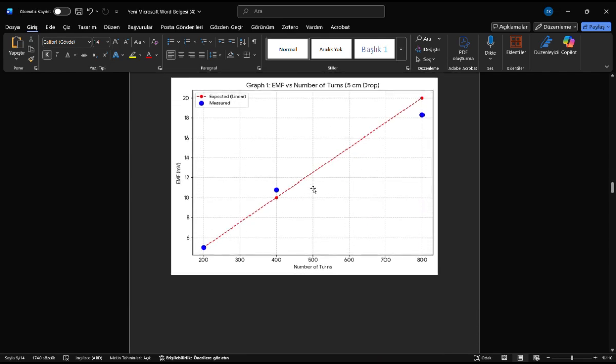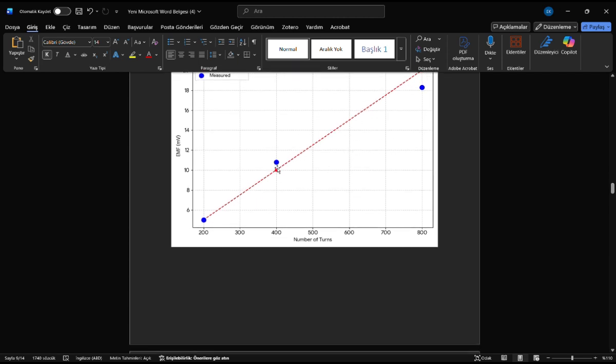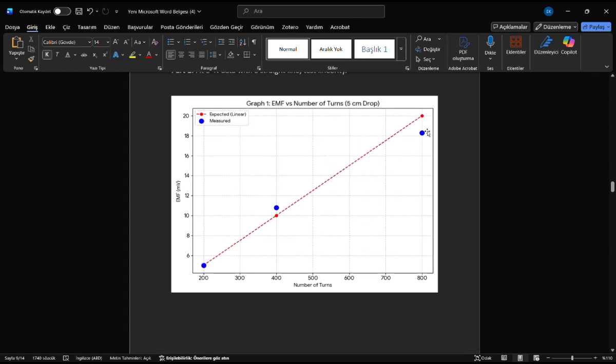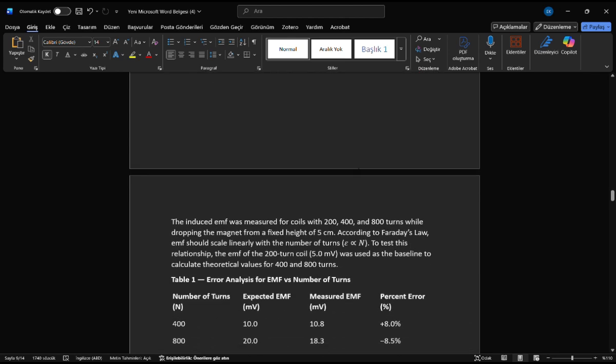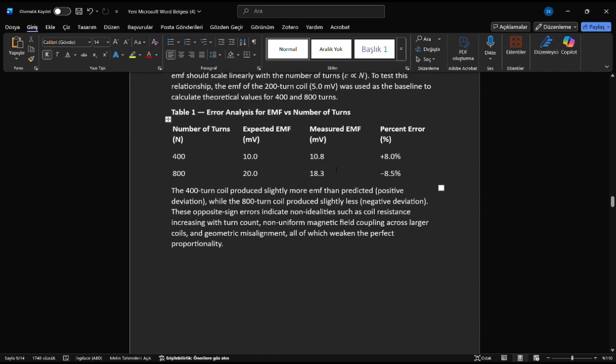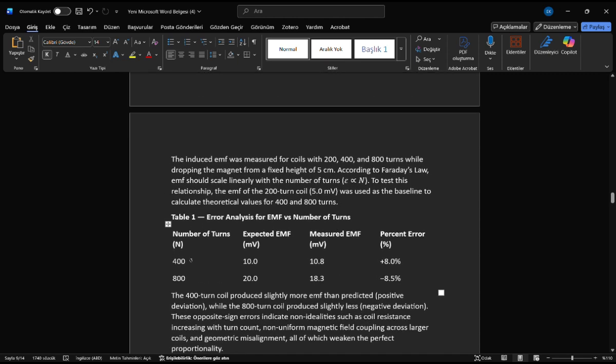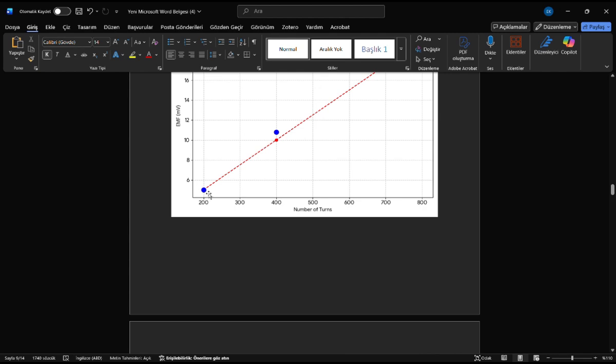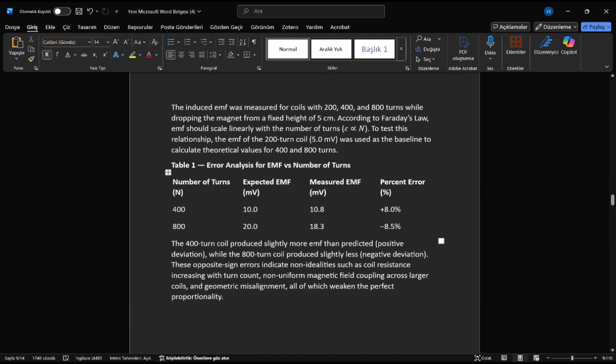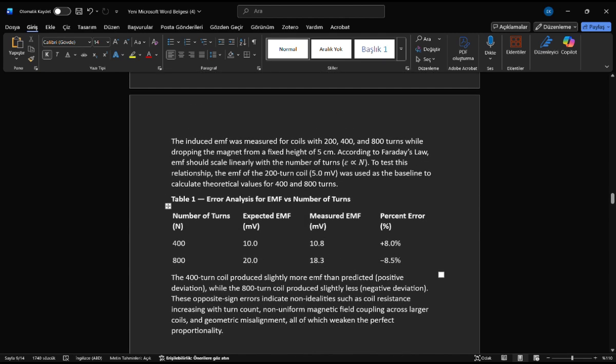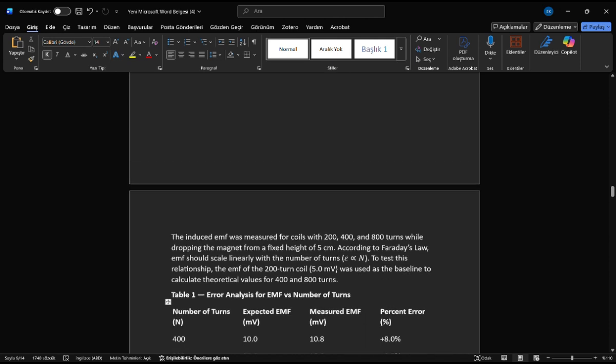Alright, this red line here shows the perfect linearity, the expected results, and the blue dots are my results actually. So what are the percentage of errors? My fixed point is this here, and my error rate is 8% and 8.5% for the other two dots.